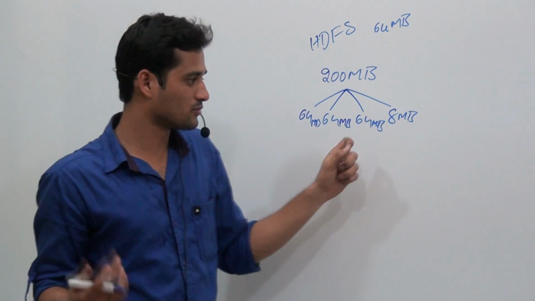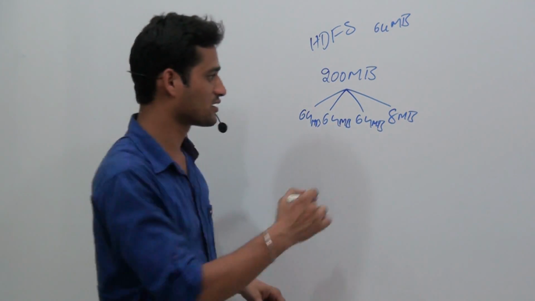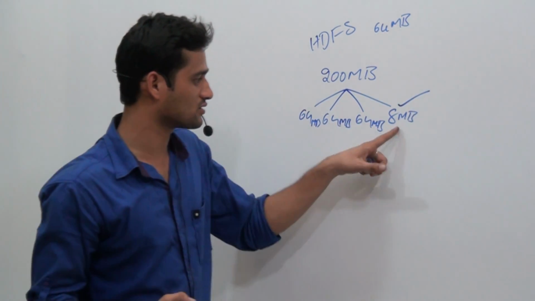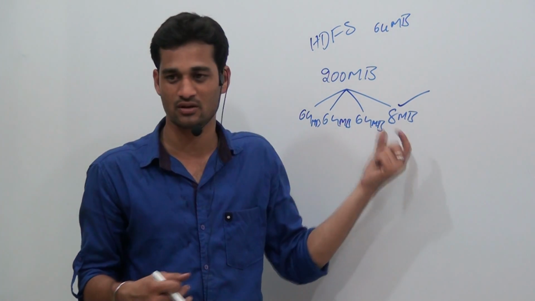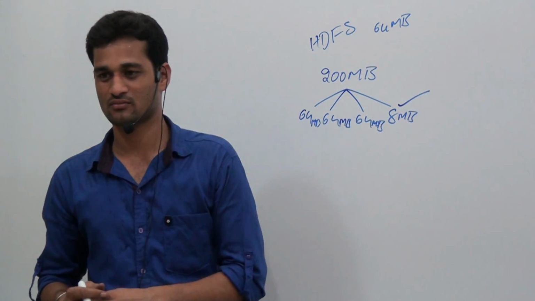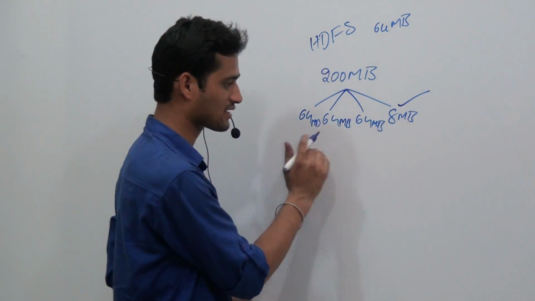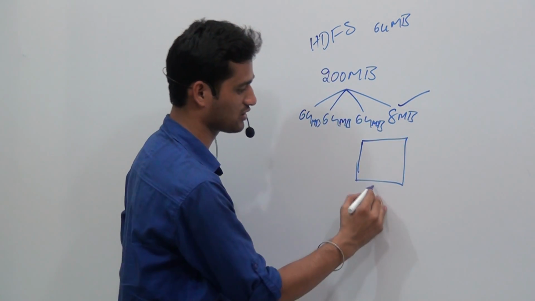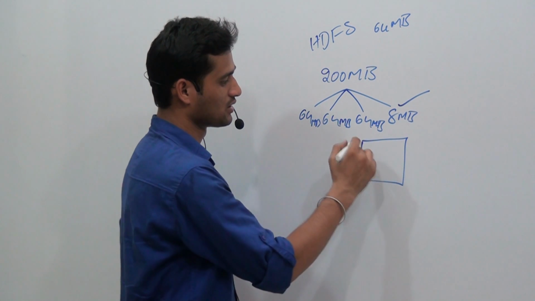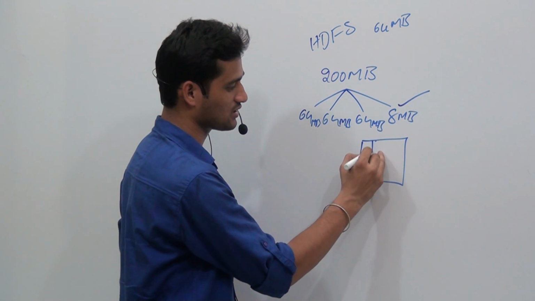So you are getting 8 MB only. You may have some doubt, sir: is it occupying the whole 64 MB, or is it just occupying 8 MB of space from this 64 MB HDFS block size? Exactly, it occupies just 8 MB of space only.